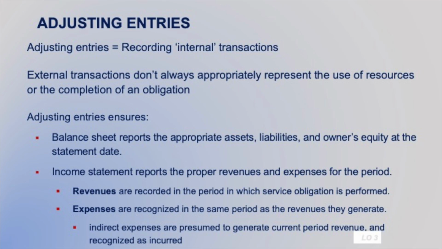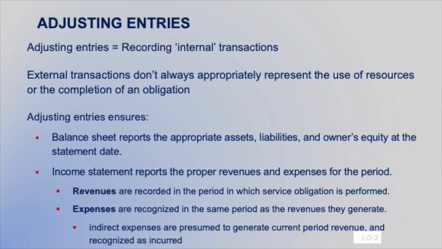Now we are going to take that trial balance and do some adjusting entries. I talked briefly about the difference between internal and external events and transactions last time, and I'm going to expand on that a little. An adjusting entry is recording an internal transaction. That means nothing happened outside the business that would dictate accounting treatment. However, things happen within the business.